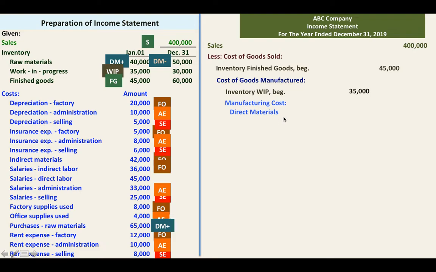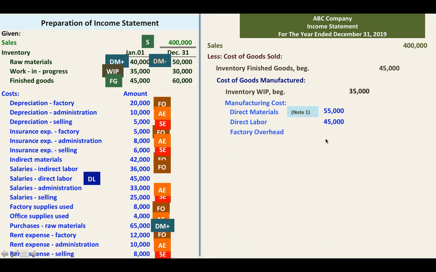We already calculated this when we prepared note 1 for our raw materials. Again, direct materials and raw materials are synonymous. So we were able to get the total of 55,000 from note 1. And then we have to add direct labor. Here, it is straightforward that the amount of direct labor is 45,000.